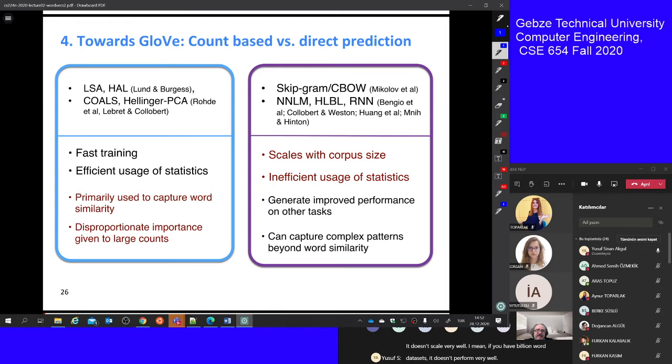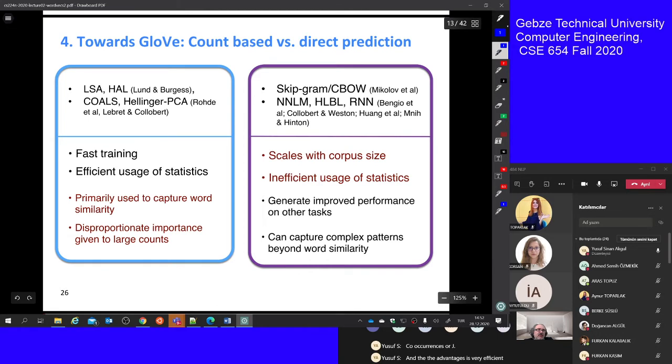And if you have small amount of data, the training is fast with the co-occurrences. Okay. And the advantage is it's very efficient. With the small data, it captures lots of information about it. And it is used for word similarity. Okay. And large counts are again problematic.